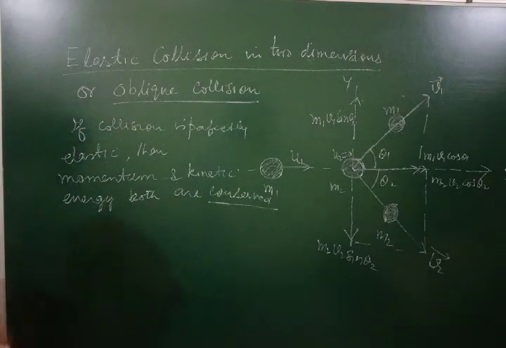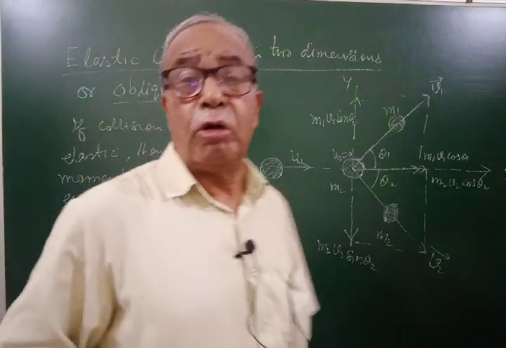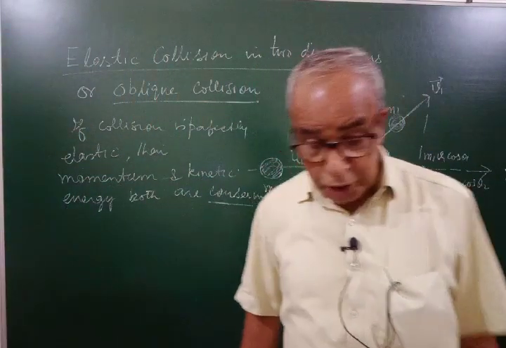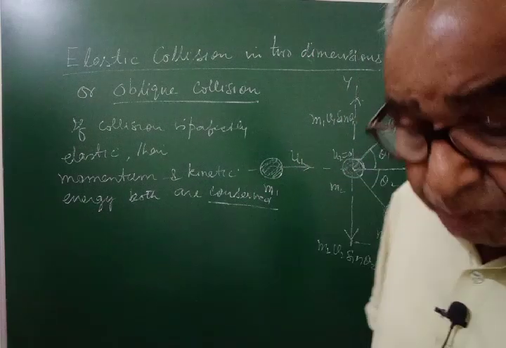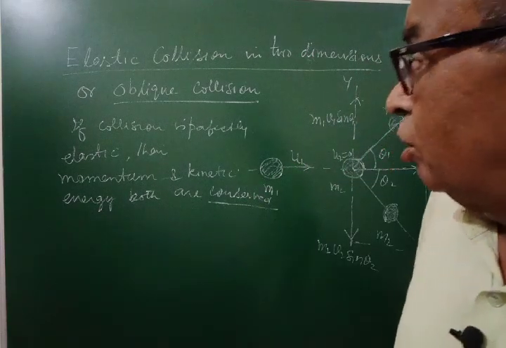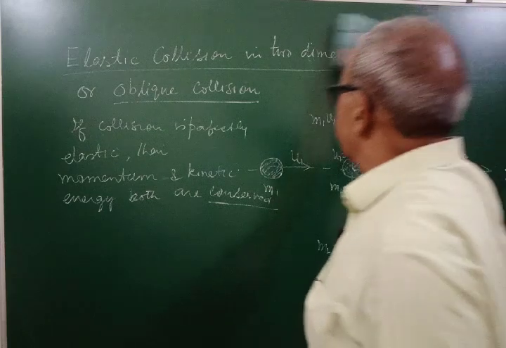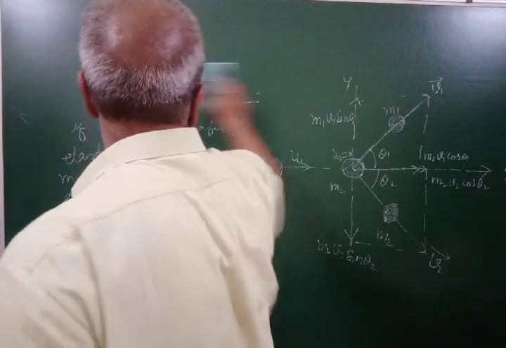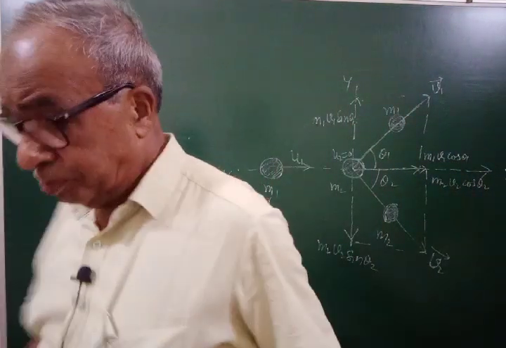What is the meaning of conserved? It means momentum before collision is equal to momentum after collision in a perfectly elastic collision. So here now, applying the law of momentum along the x-axis.